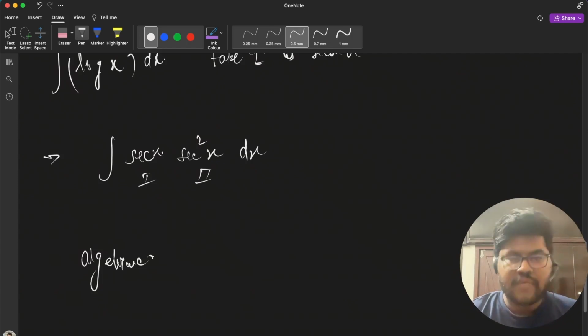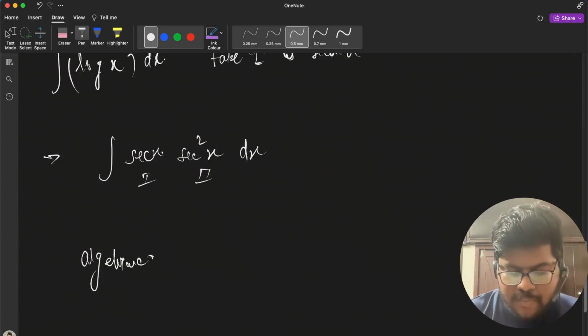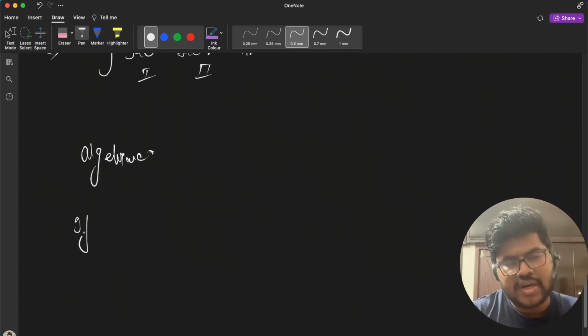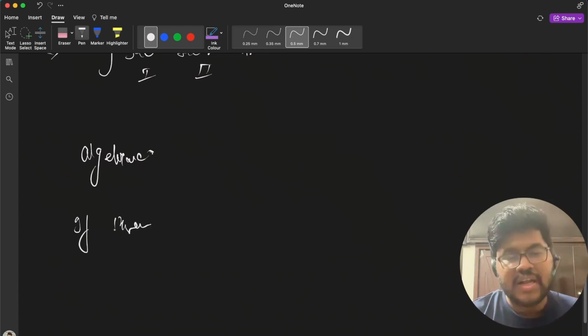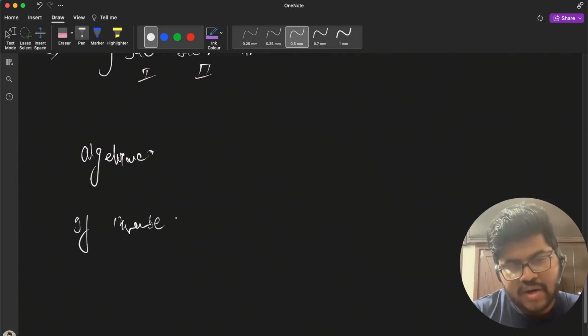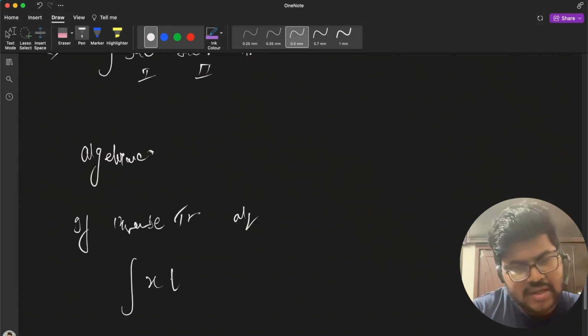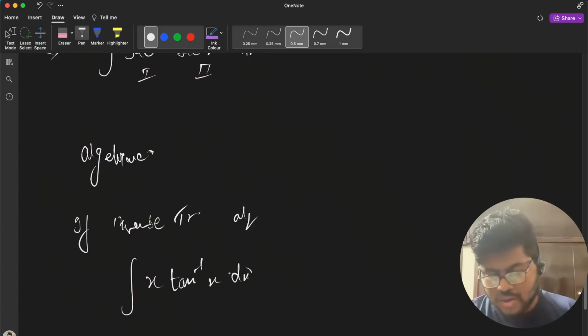So in this way we have done the concept of integration by parts. And if the function contains an inverse trigonometric function and an algebraic function, so let us suppose if I take x into tan inverse x, right, then what? Then in x use suitable trigonometric substitution, right?